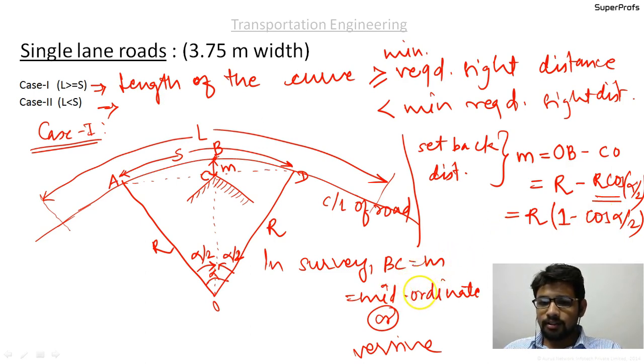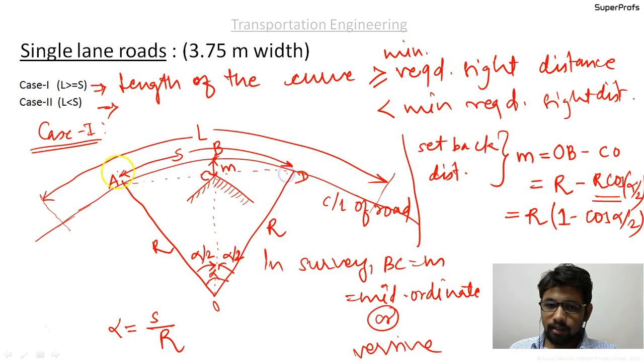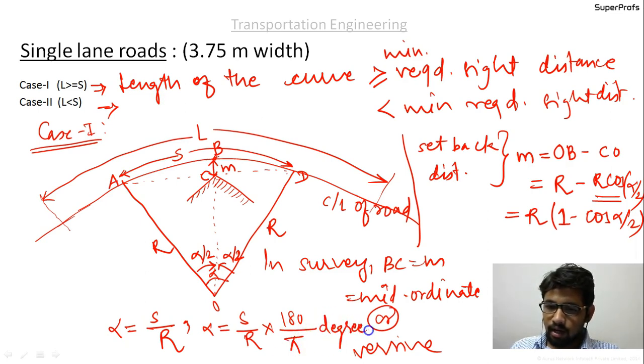In survey, it is called the mid ordinate or the versine, and this is exactly the setback distance over here. Here alpha will be given as alpha equal to S by R, that is the arc S upon the radius R. So alpha in degrees will be given as S by R into 180 by pi degree.